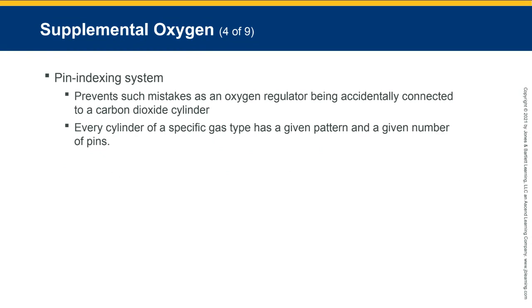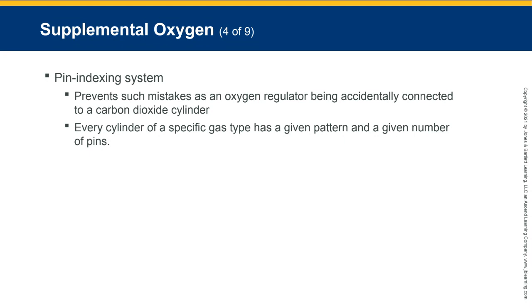Now, the oxygen cylinders that are utilized in EMS use a pin indexing system for the regulators. Basically, the cylinder has a series of pinholes on it, and the regulator has pins that match with these holes.